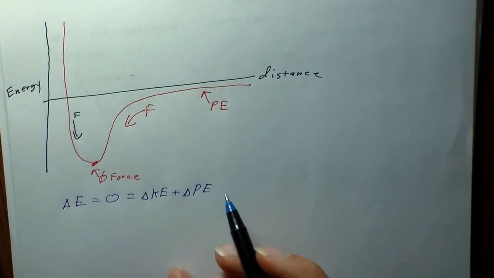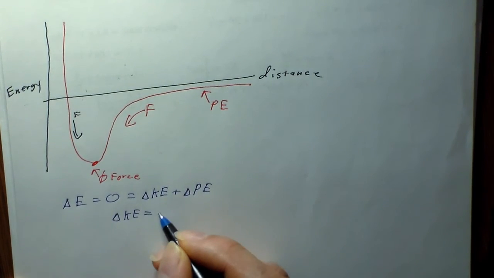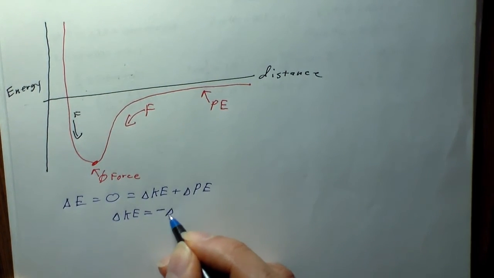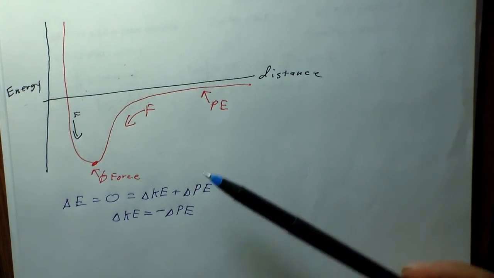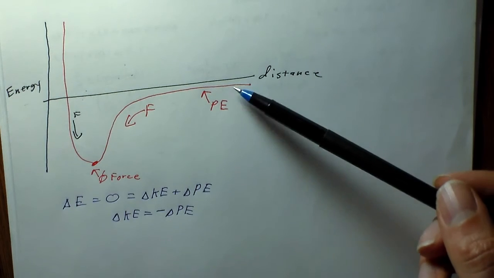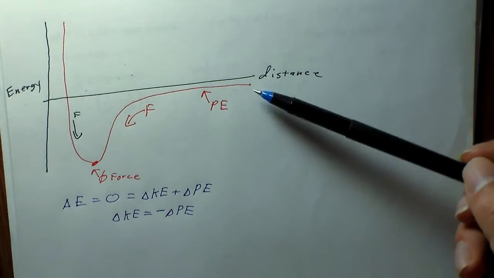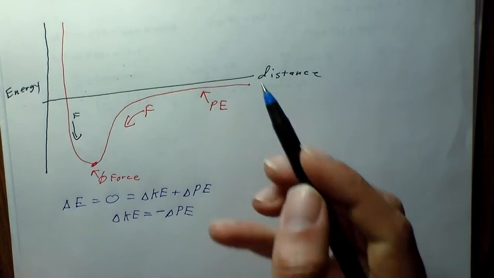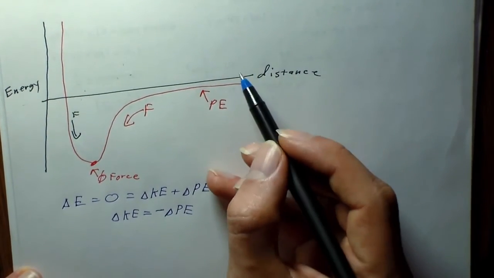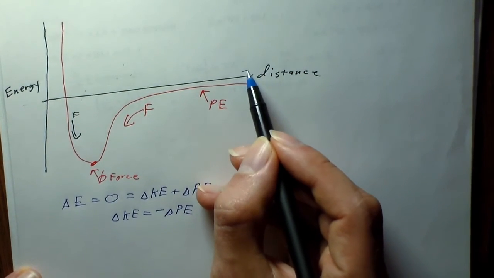Therefore, the change in my kinetic energy is equal to the negative of the change in my potential energy. Meaning that if I look at this graph up here, my kinetic energy is going to be basically a mirror image of this. So assuming that I can draw this fairly easily, here would be my kinetic energy.